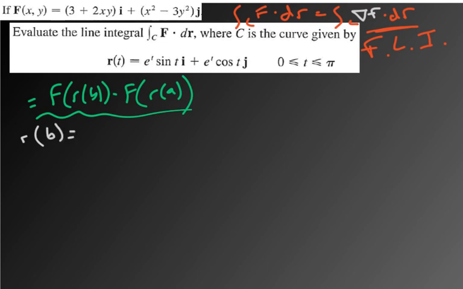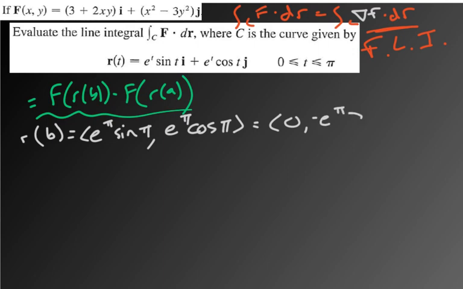equals e to the pi sine pi, then e to the pi cosine pi, which would equal, let's see, so that'll be 0 here, and then cosine pi is -1, so minus e to the pi.